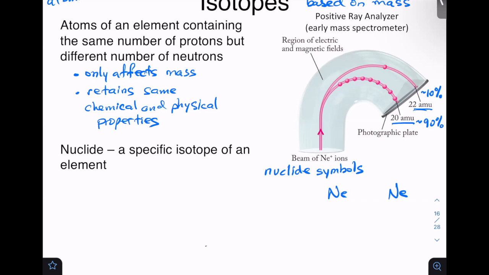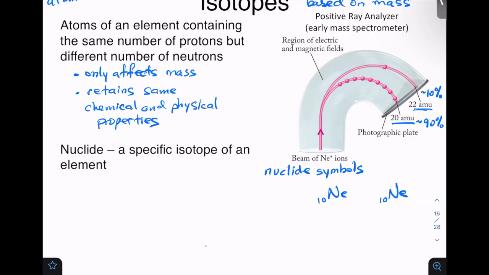And if you don't know, take a look at the periodic table. So I'm going to put a 10 down here, even though I don't really need to, because if it has 10 protons, it's neon, and I'm using the chemical symbol for neon. So it's a little redundant in that sense. You should get used to interpreting these, either with or without the atomic number written in the lower left-hand corner.